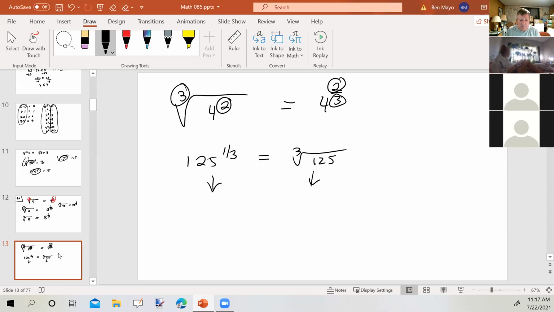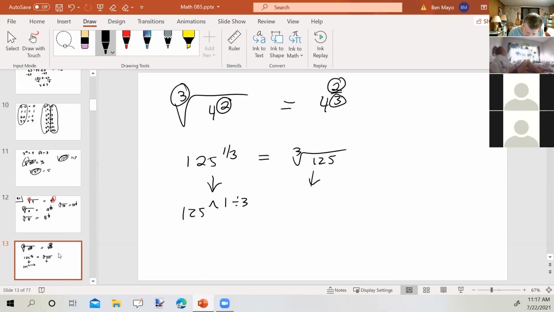To put 125 to the 1/3 power into the calculator, I need to do this, okay? Calculator's on and it's cleared. I type in 125. Now I'm going to use the little caret key that's over on the left column, but I want 125 to the 1/3 power. Now, if I do this, it's going to give me the wrong answer.